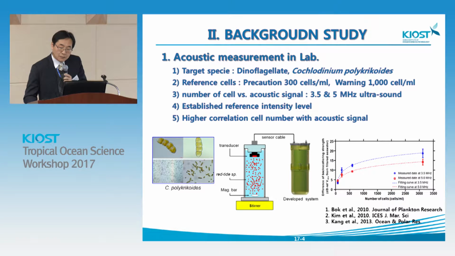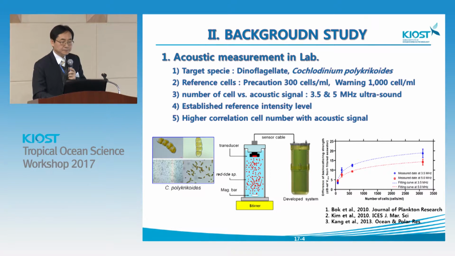Using 3.5 megahertz, we measured a very good, almost direct correlation between the cell number and the acoustic signal. So using this lab experiment, we became confident about this acoustic method.